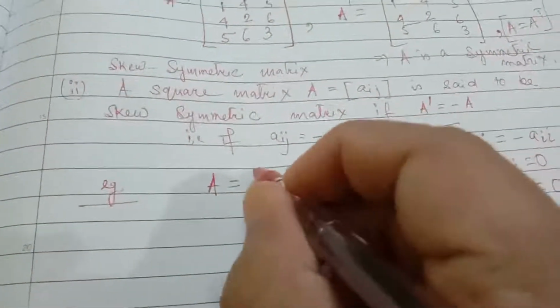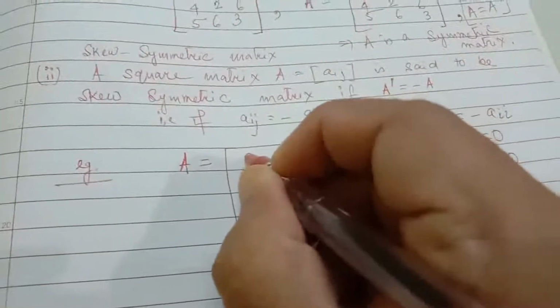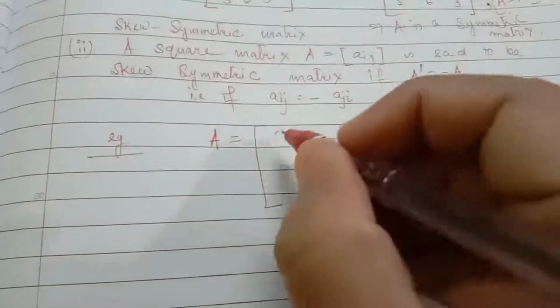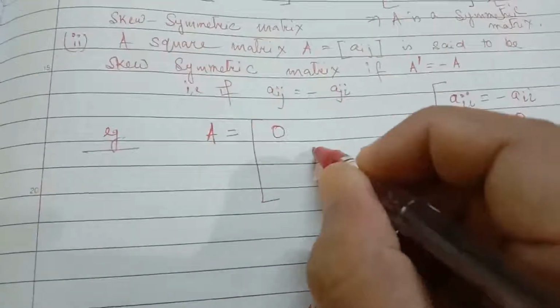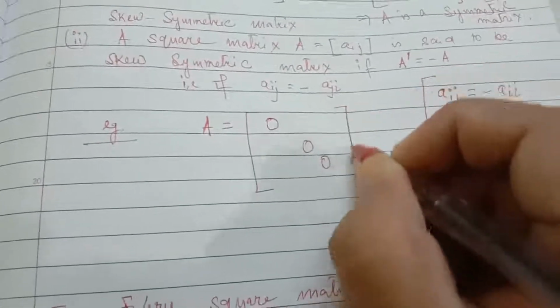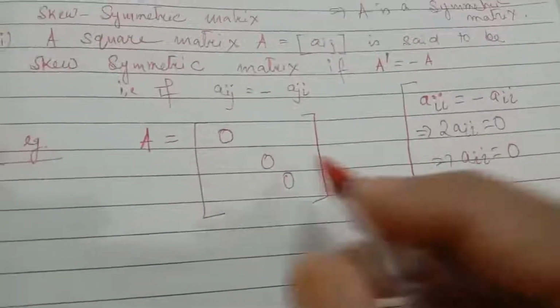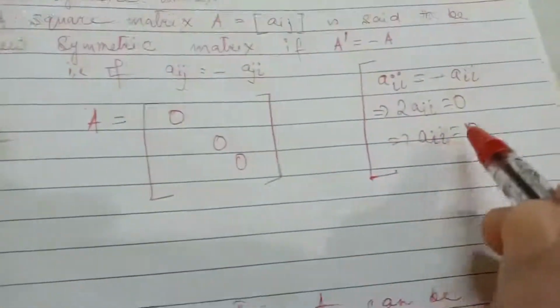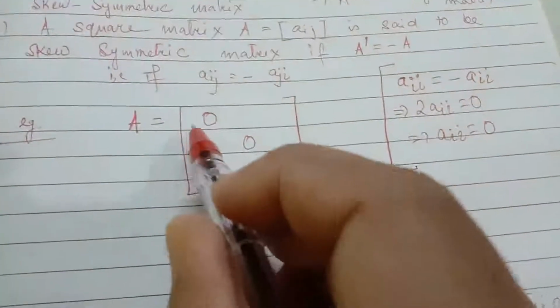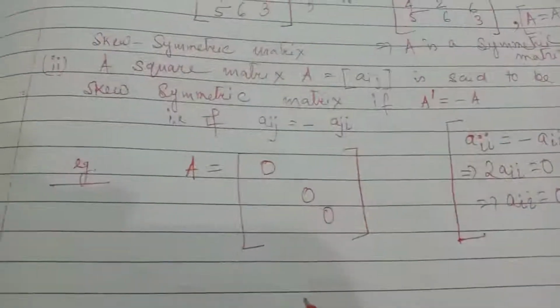So how to write a skew symmetric matrix? Just see. Suppose I am writing a 3 by 3 matrix. First the diagonal elements will be 0: a11, a22, a33 equal to 0.